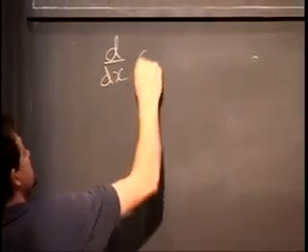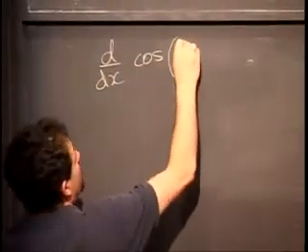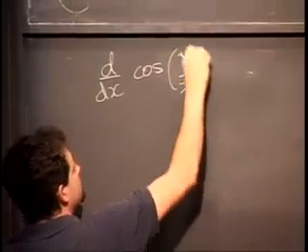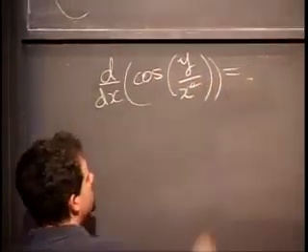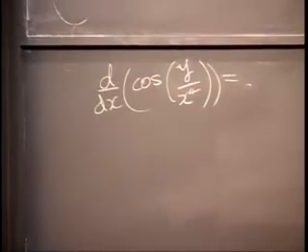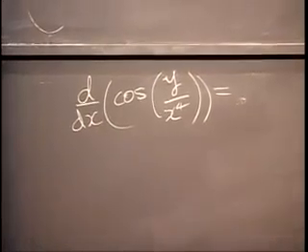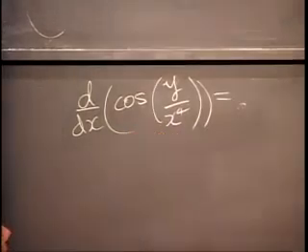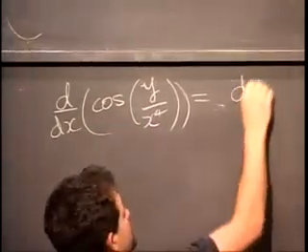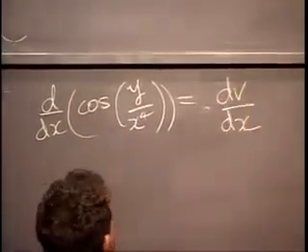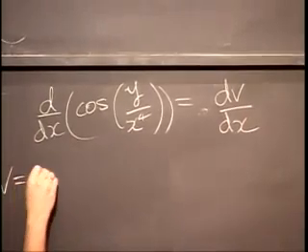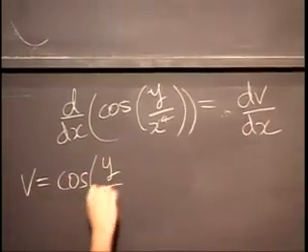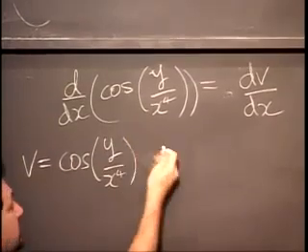So you've got to keep your working quite well understood here. In any case, the next thing I want to do is find, I still need to find d/dx of cosine(y over x to the fourth). Well, how do we deal with that? I'd like to think of v as cosine of t.